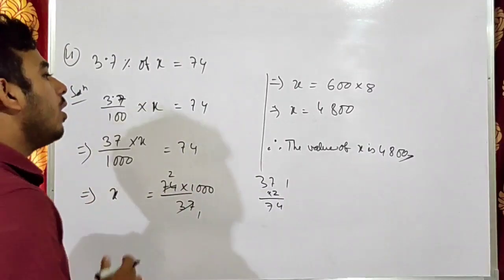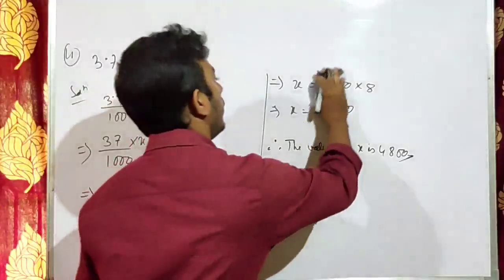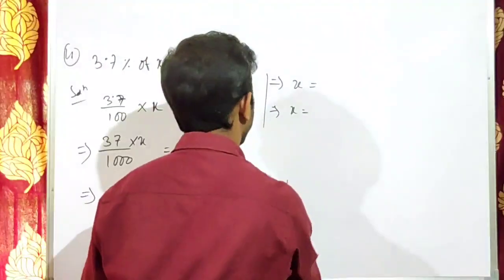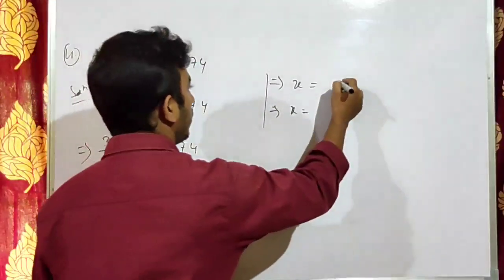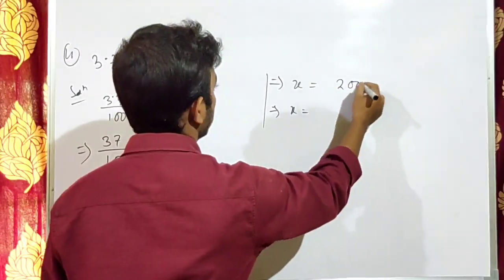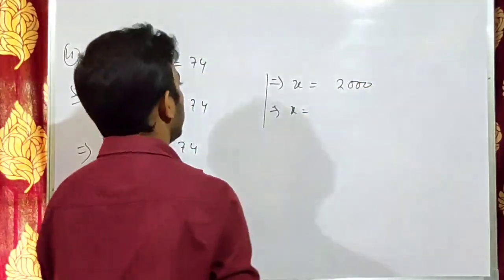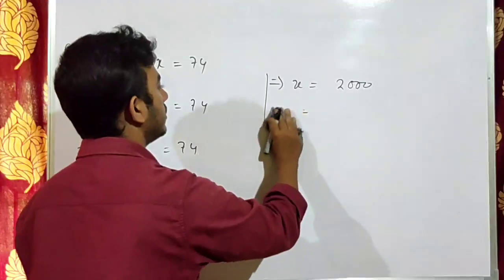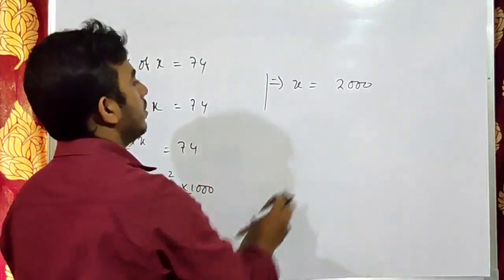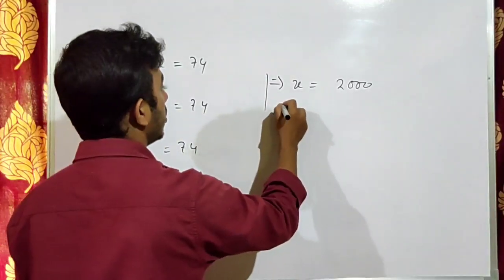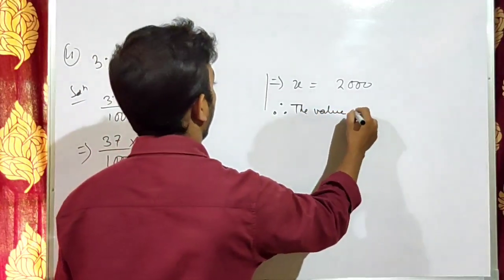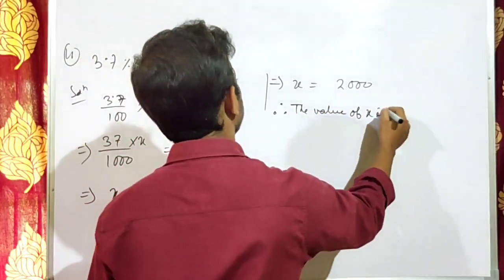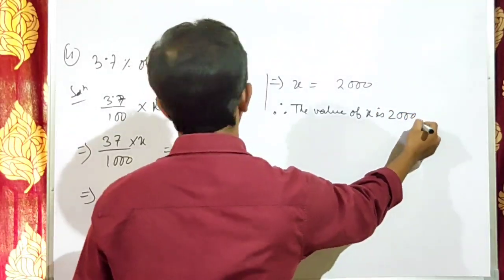After this clear? Okay, so now we can find out x equals what? 2 into 1000 means what? 2000. So the value of x is 2000.